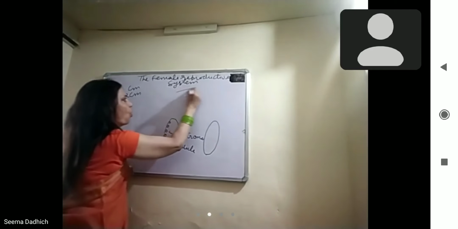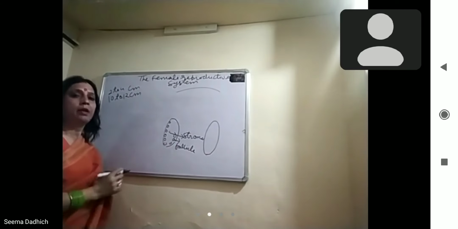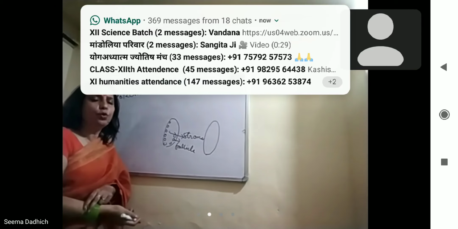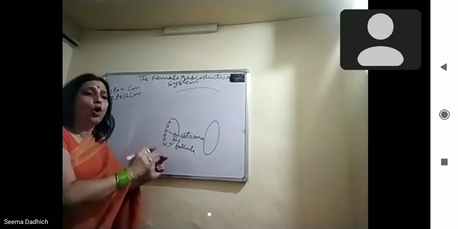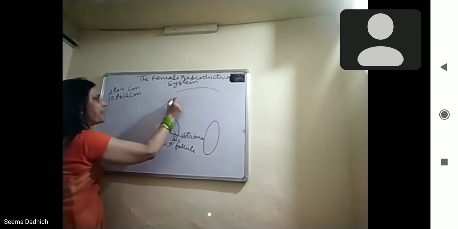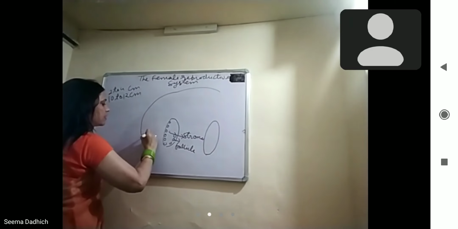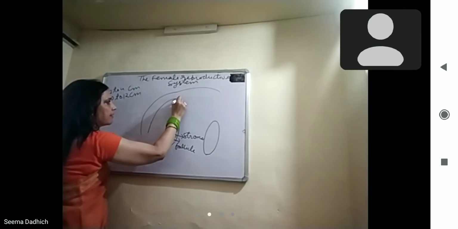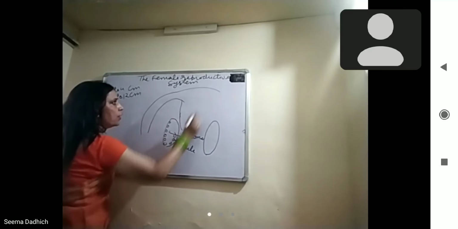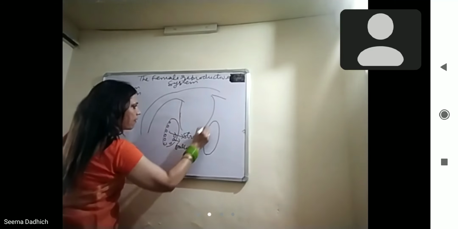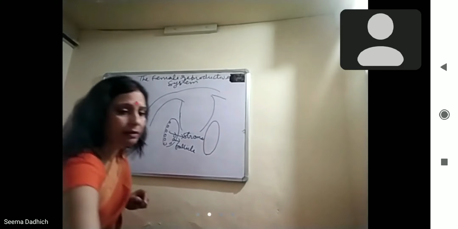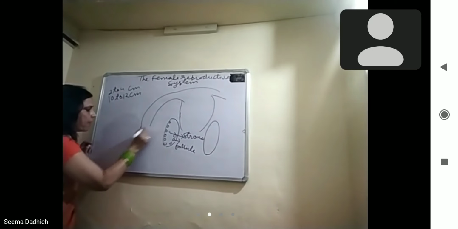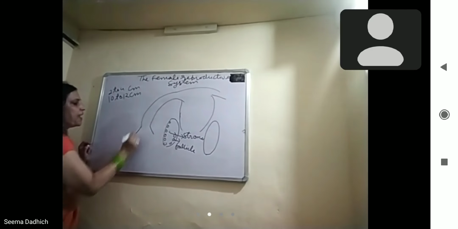The oviduct or fallopian tube is present on both sides of the uterus and connects with the uterus. Yes. This is the fallopian tube.